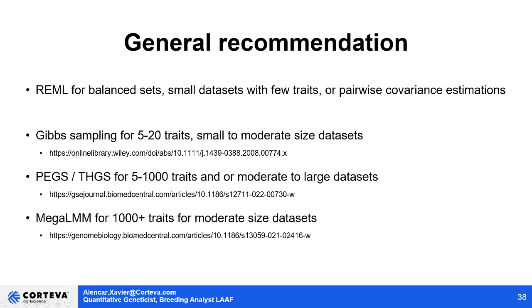So if you have thousands and thousands of traits in a relatively small to moderate size data set, you can run this Mega LMM, which is an MCMC-based method, but with a very efficient decomposition and works reasonably well for a very large number of traits.